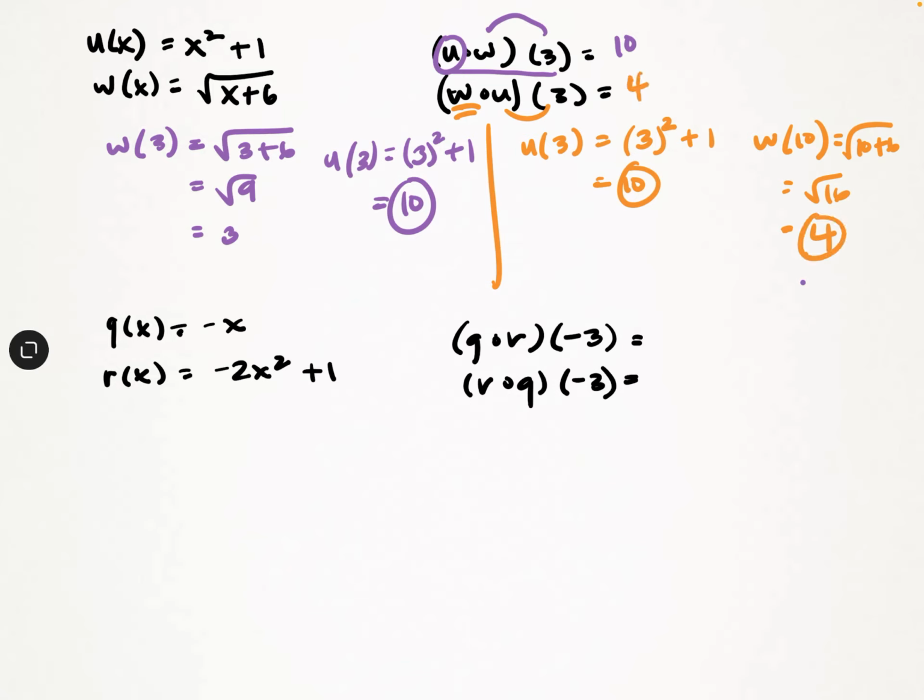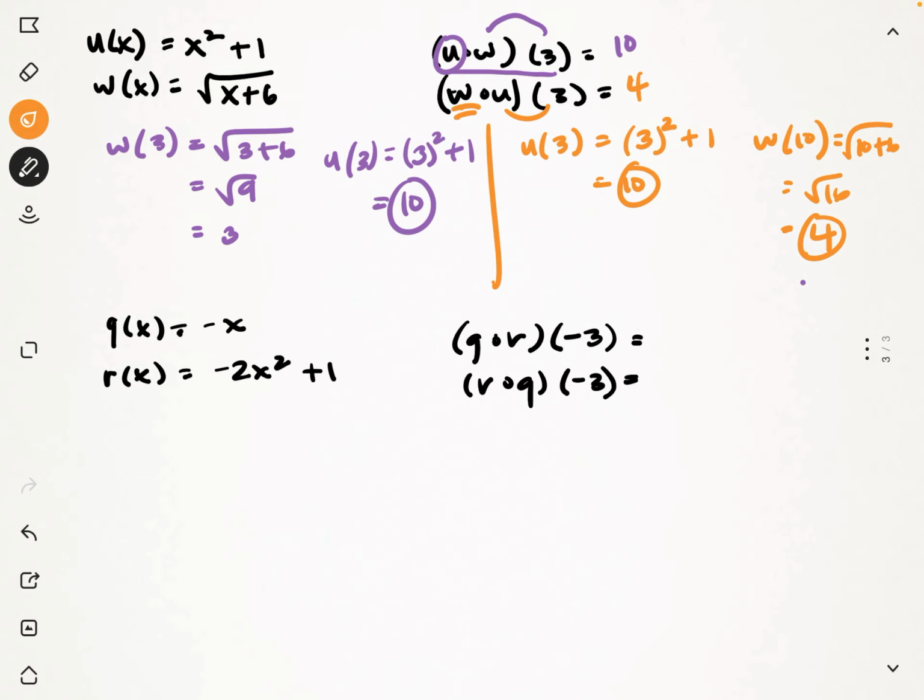Okay, so it's just illustrating to you how u composed of w and w composed of u of the same number are not necessarily, in fact most times they're not going to be, the same answer. So it really matters which part is the inside and which part is the outside, and you need to make sure that you do it correctly when you're reading your composition.